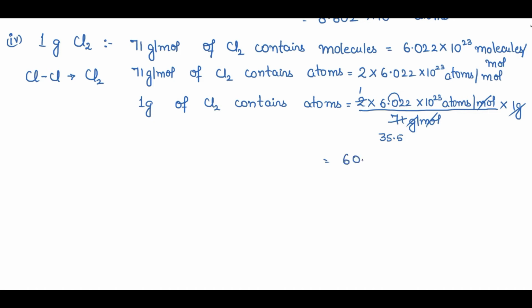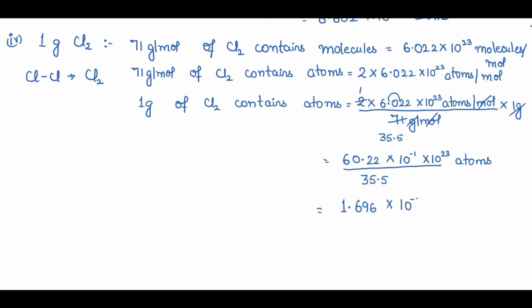So 60.22, the power will be negative, because we are displacing this decimal up to one digit from left to right, into 10 raised to power 23 divided by 35.5, right? Units, atoms only. So when you divide 60.22 by 35.5, the final answer will be 1.696 into, these powers are in multiplication and their bases are also the same.